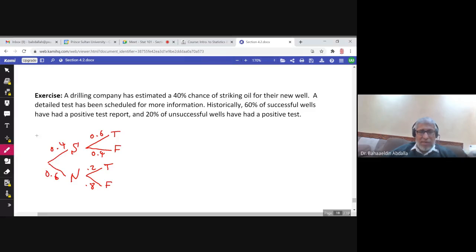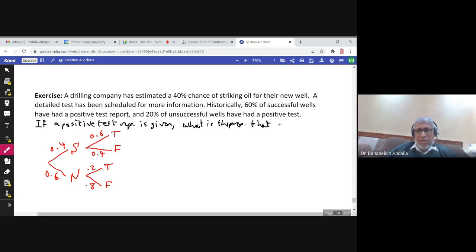Let me say, if a positive test report is given, what is the probability that the oil strikes? So the well is successful, oil strikes.